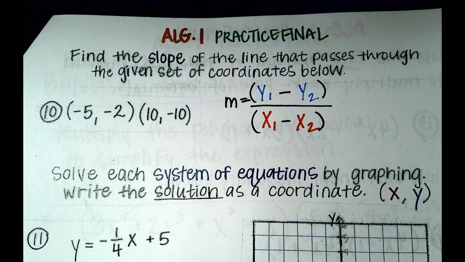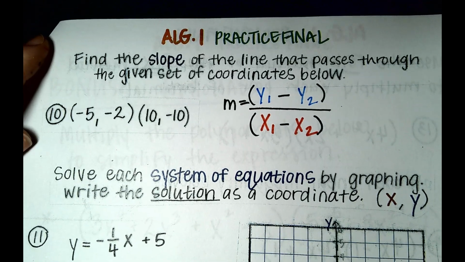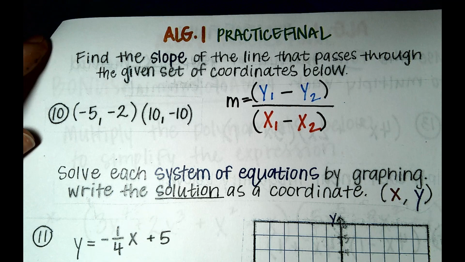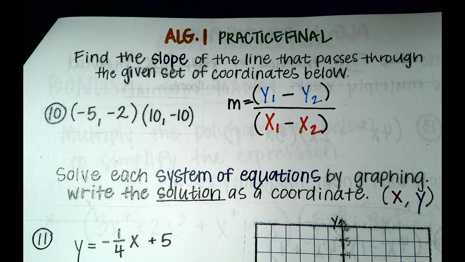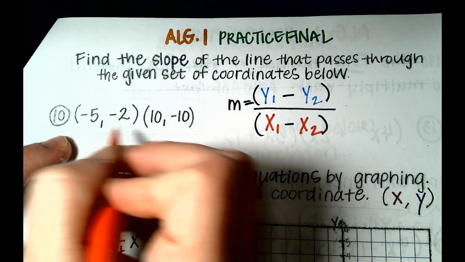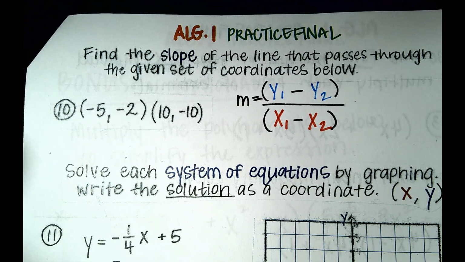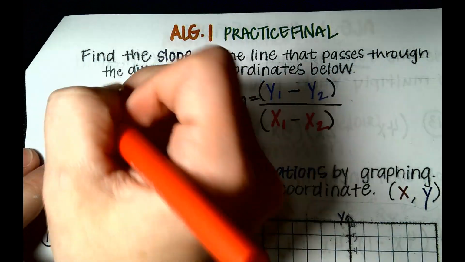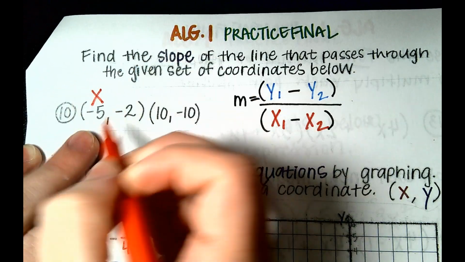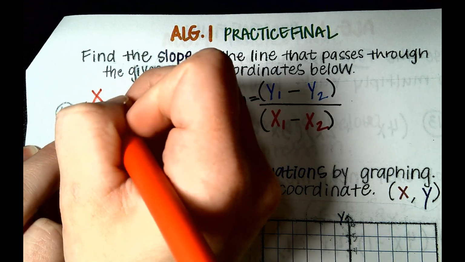Now, how should I begin this process? Label. Yes, that is the best first step. Let's label our coordinates. Does x come first in a coordinate or does y come first? X. X comes first. -5 will be x1.